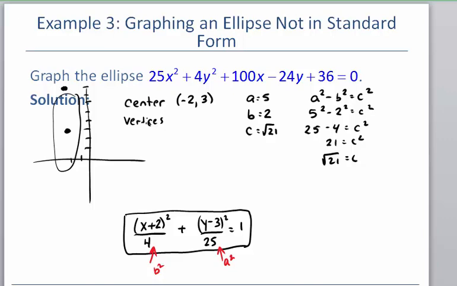So we're going to have a vertex point up here, and that point is going to be -2, 8. And we're going to have another one coming down. So 1, 2, 3, 4, 5. And that's going to be -2, -2. Now we can do the same thing for our co-vertices.